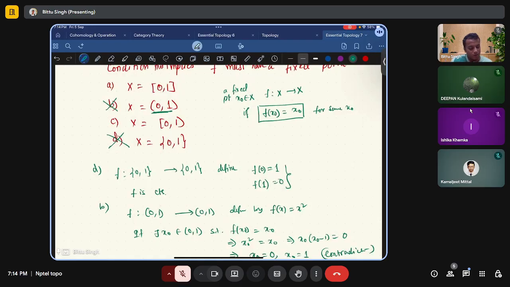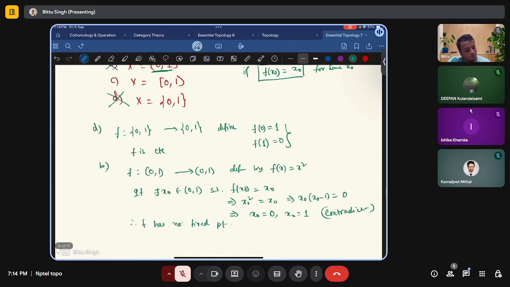We have successfully created a function which has no fixed point. So this will look like this, on (0, 1). The only fixed points mean the points which lie on this graph. This is actually y equal to x. This graph, that is f(x) equal to x.